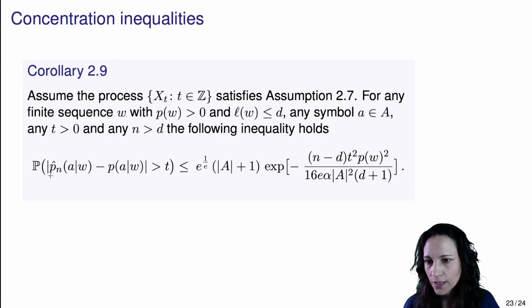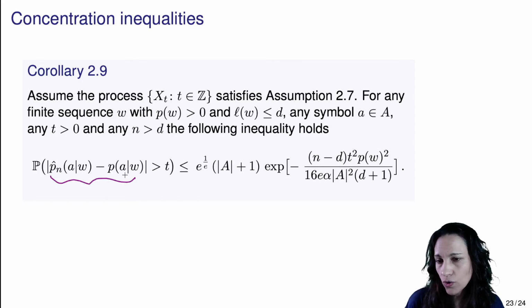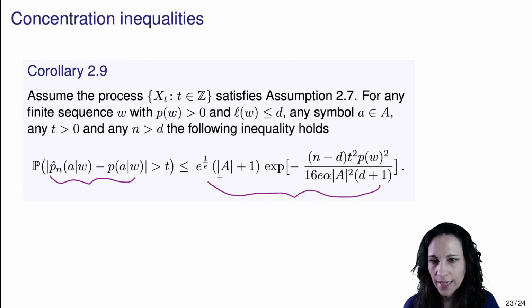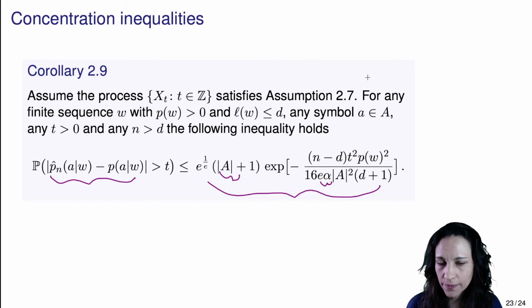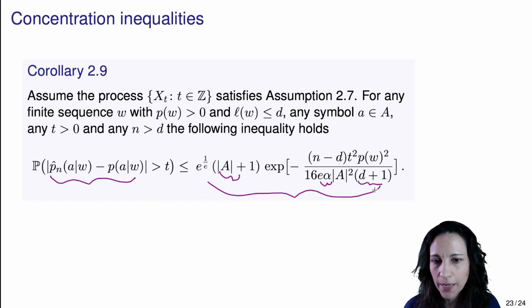So here we have the difference in absolute value of the empirical probability of A given W and the true probability of A given W. So the probability of this difference being greater than t is smaller than this expression here. In this expression, we have the size of the alphabet A here, the coefficient alpha obtained from assumption 2.7, and the maximal length of the sequence. Here, an upper bound on the length of the sequence, that is d plus 1.